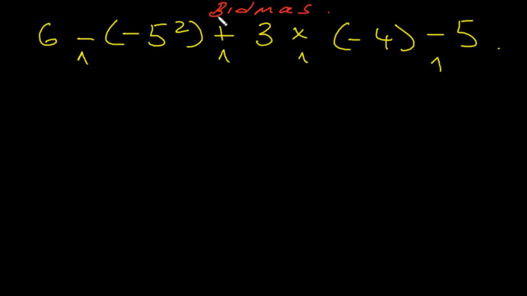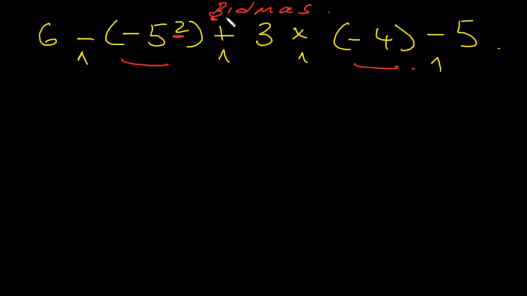Now we can see here that the B stands for brackets, right? We have a pair of brackets here, we have a pair of brackets here. So first of all, let's just start off with this brackets. Now inside the brackets we have a negative operation, all right? We're negating this number here, but before we do that, we also have a power, or an indice, right?